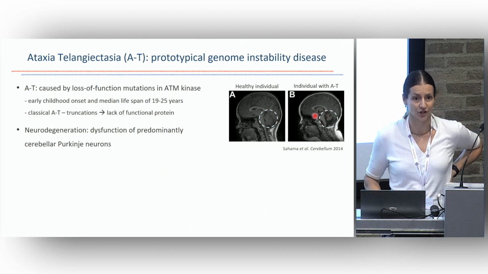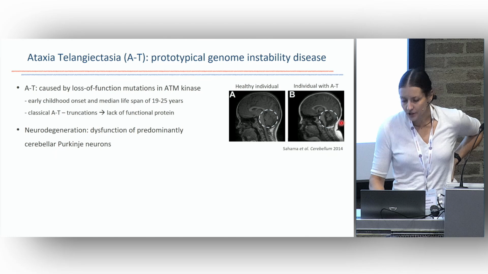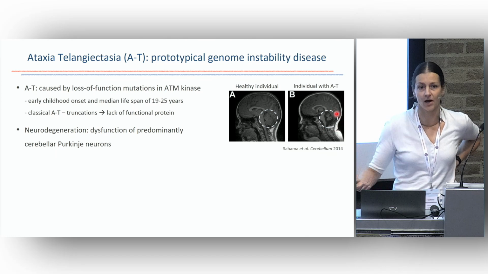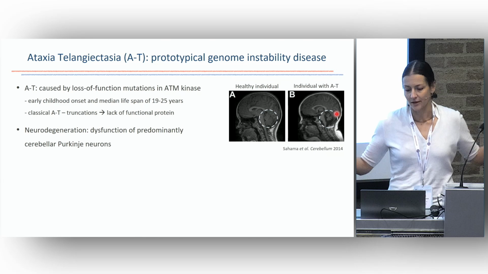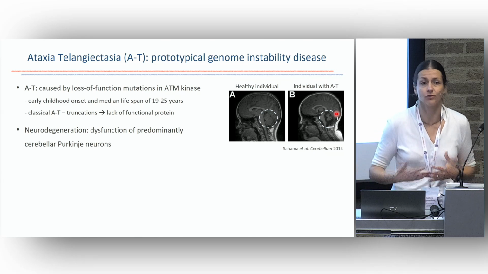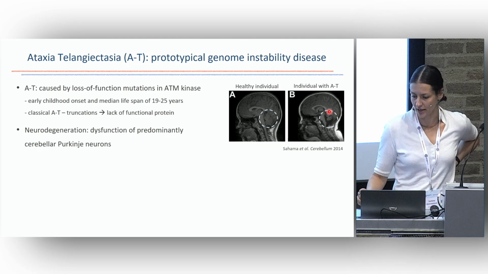This is a 7-year-old child, and these are an age-matched pair. You can see a huge loss of cerebellar matter, which results in the phenotype where these kids lose the ability to control and coordinate their movements, and they're actually wheelchair-bound by their early teenage years.